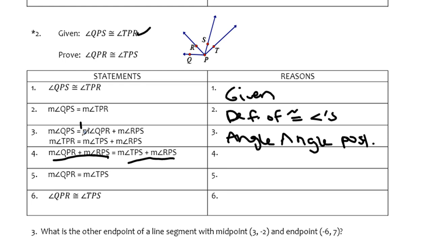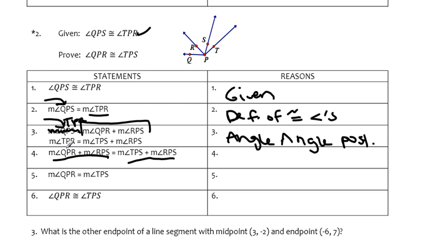The QPR plus the RPS we said was equal to QPS. Up here we said QPS equals TPR. So technically I can say, since QPS and TPR are equal, I can call this one TPR. And TPR equals QPR plus RPS, and TPR equals TPS plus RPS.